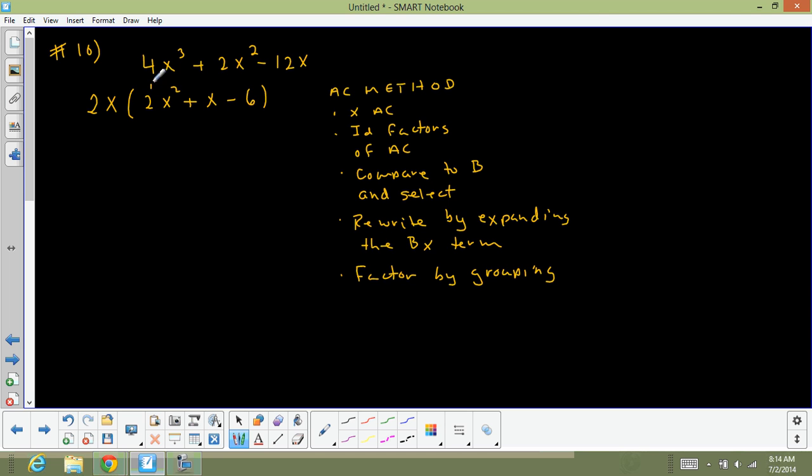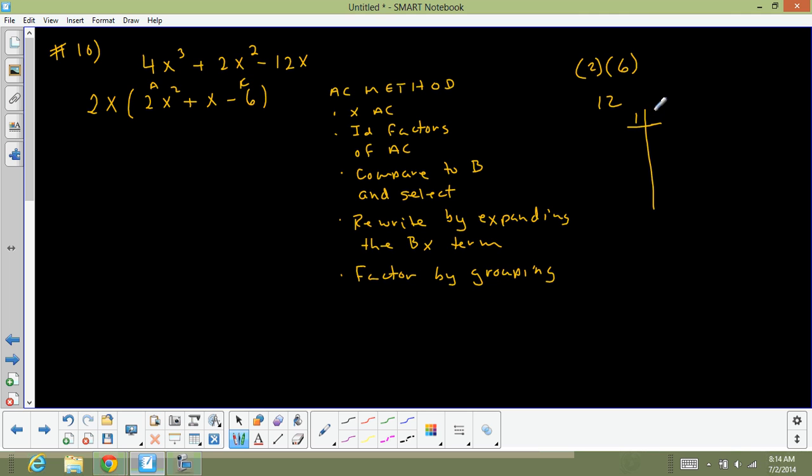A, of course, is a 2, and C is a minus 6. And so if we do that product, if we do the 2, and I'll just ignore the sign. Sometimes when this method is taught, people include the sign, but I'm just going to call it a 6. And so that's 12. And now I need to identify all the pairs of numbers that multiply to 12.